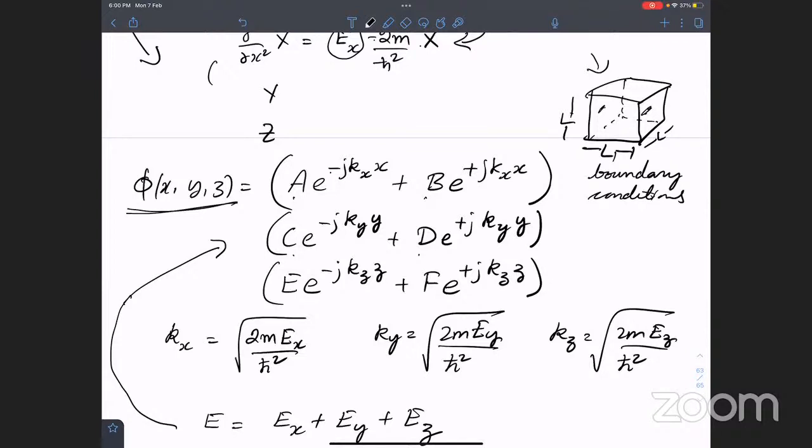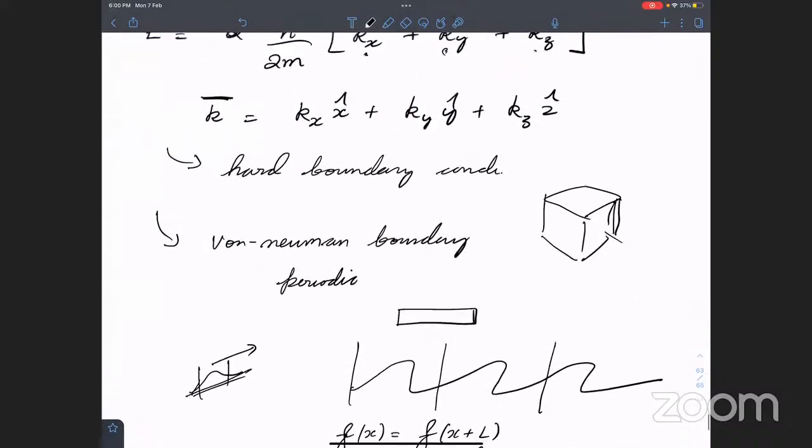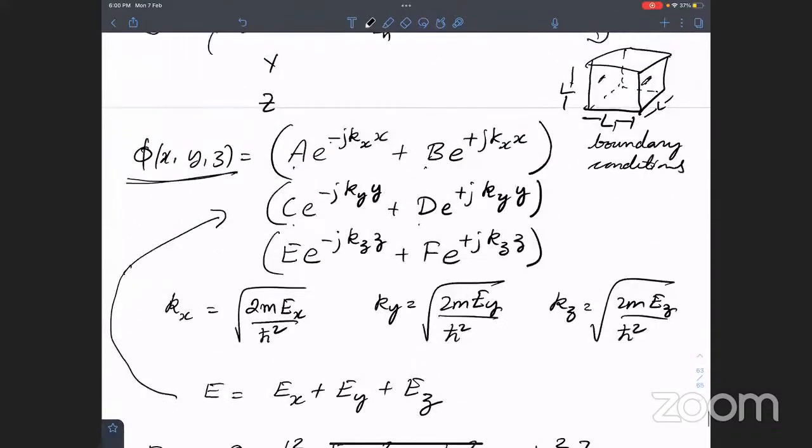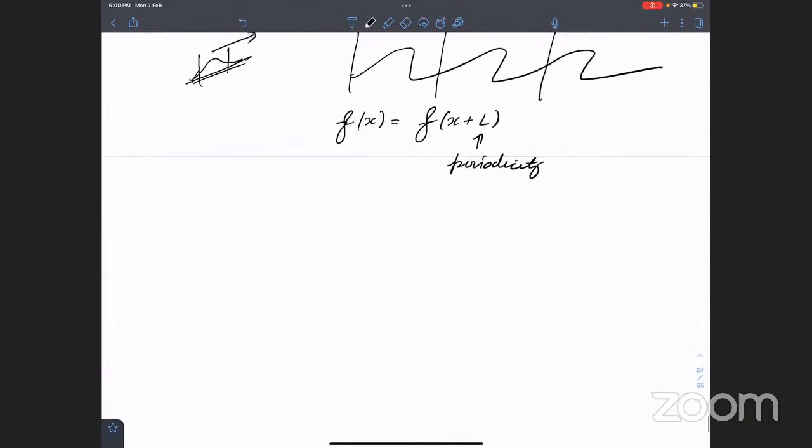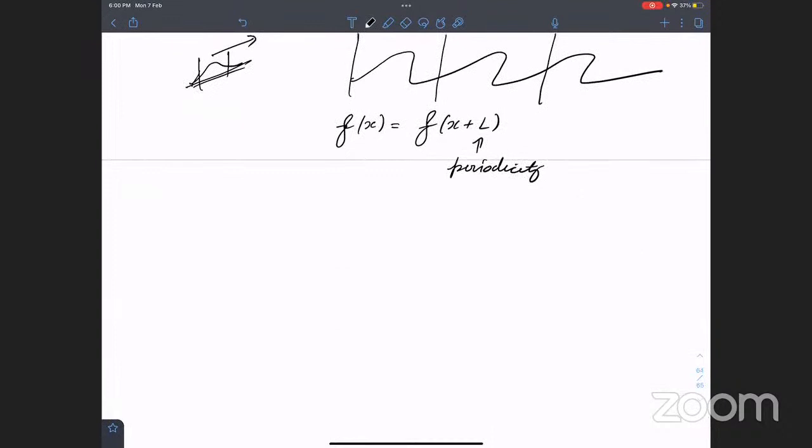So I'm going to impose this boundary condition on this particular system, and when that happens, let me tell you what is going to happen.